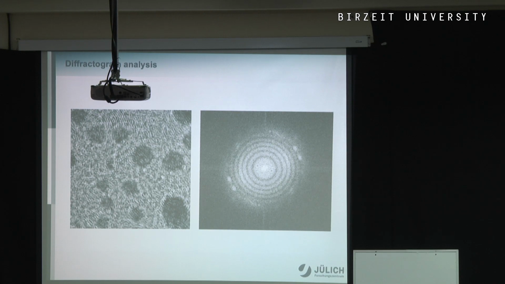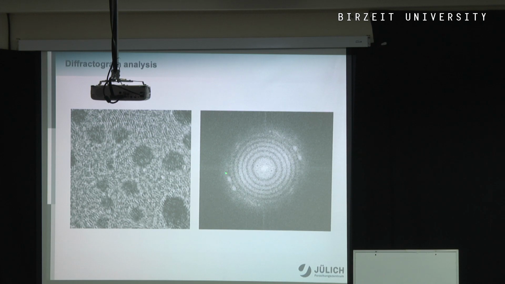And again, it's an image or diffractogram which tells you something about Fourier space, about reciprocal space, but it gives you different information from what you would record in a real diffraction pattern. What you see in a diffractogram includes what you would have in a diffraction pattern.